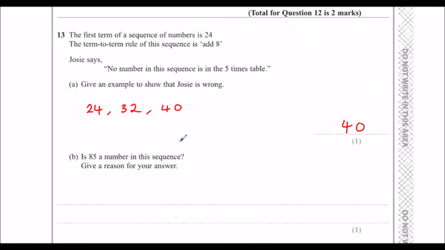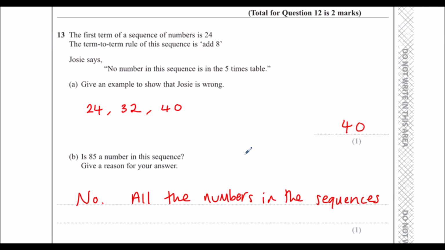Or, again, we could just keep on adding 8 every time and show that 85 is not in the sequence. So I'm going to put no, and I'm going to write all the numbers in the sequence. So either they're all multiples of 8 or they're all even.